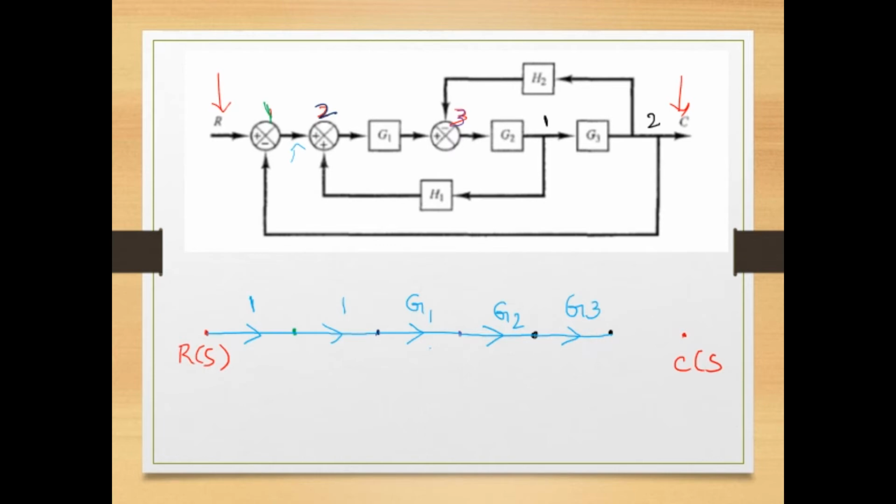And at the last, between the second takeoff point and the output node, which is C, I represent a branch with the gain 1. Now what else is remaining? Remaining is this H2, which is the feedback, H1, which is the feedback, and one more feedback from the second takeoff point to the first summing point.